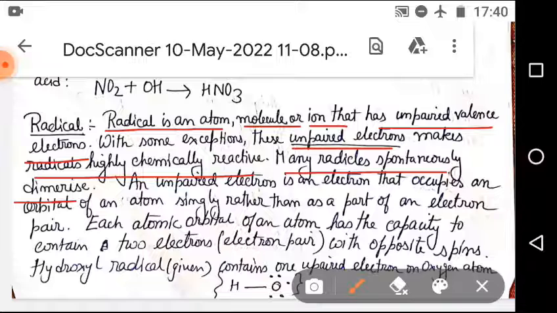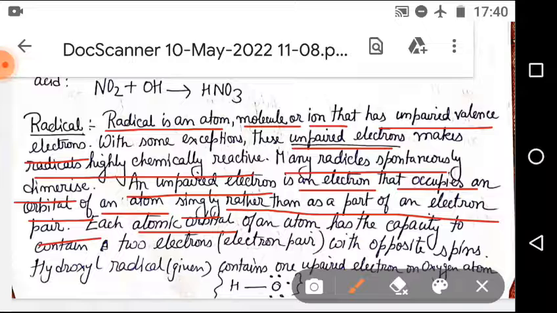An unpaired electron is an electron that occupies an orbital of an atom singly, rather than as part of an electron pair. Each atomic orbital of an atom has the capacity to contain two electrons with opposite spins. I'm not going into that depth, because this is not a chemistry class.